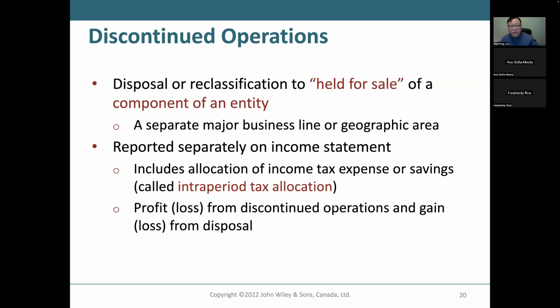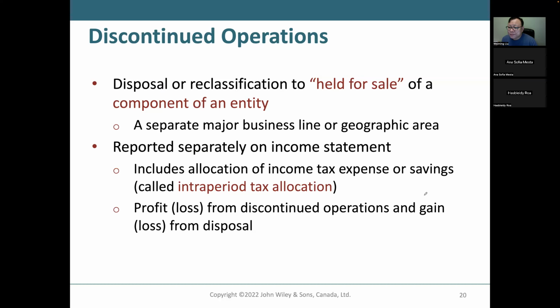So if the management is going to discontinue the operation, they have to report this separately on the income statement. They need to report the current year's profit or loss from the discontinued operations.